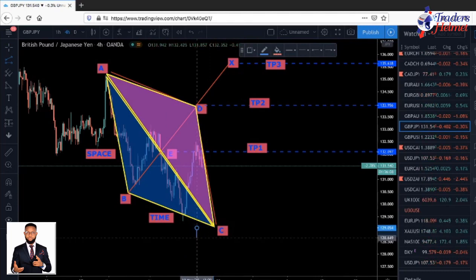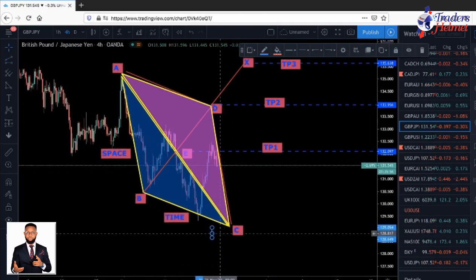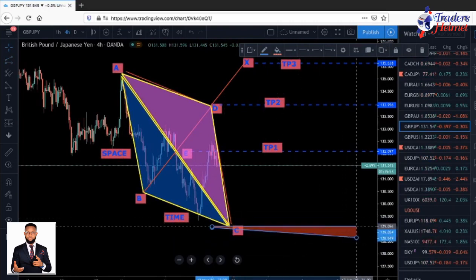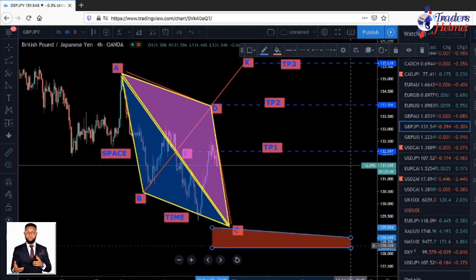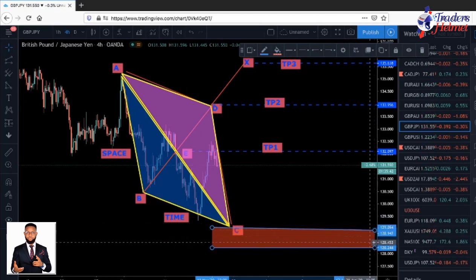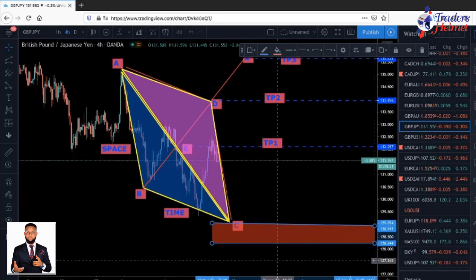This is where your stop loss is going to be below point B to C.